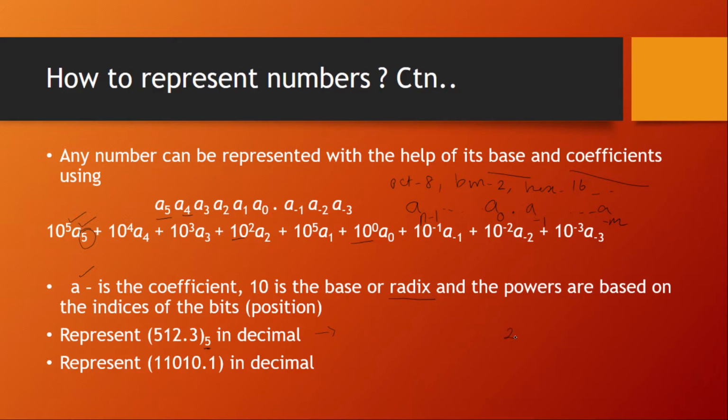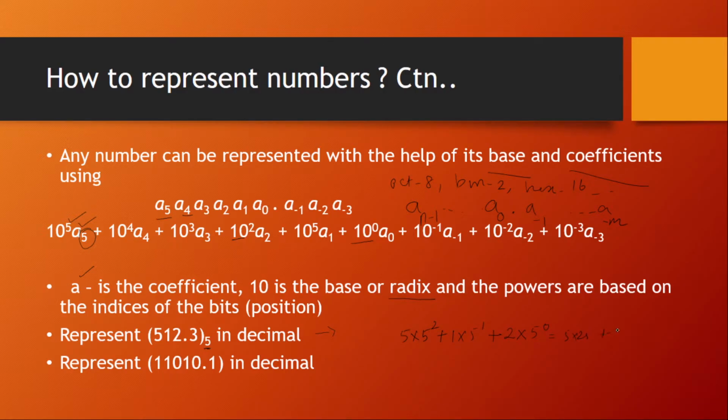So I have 2, and since my base here is 5, I start with 2 into 5 power 0. Then I will take this next digit, that is 1 into 5 power 1. Then I take the last one, which is the most significant bit I have here, that is 5 into 5 power 2. So that gives me 5 cross 25.